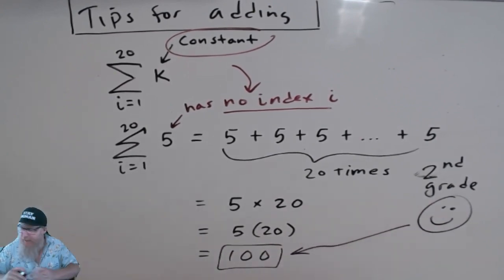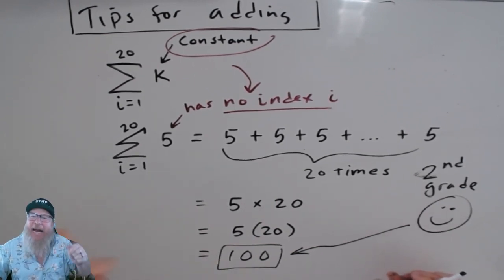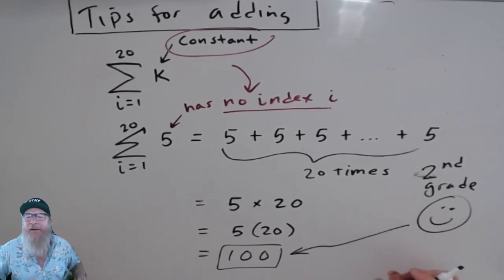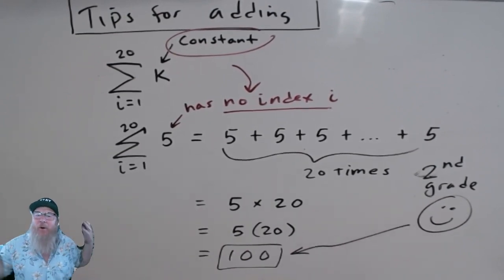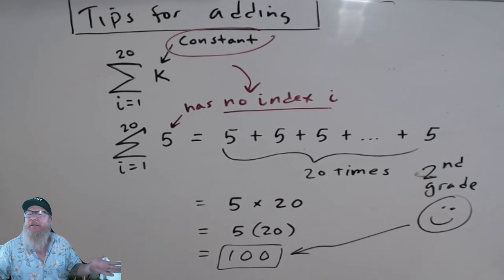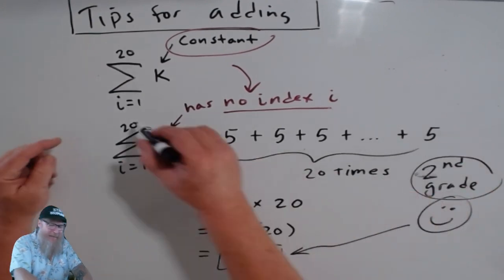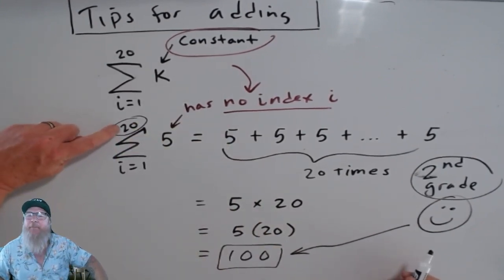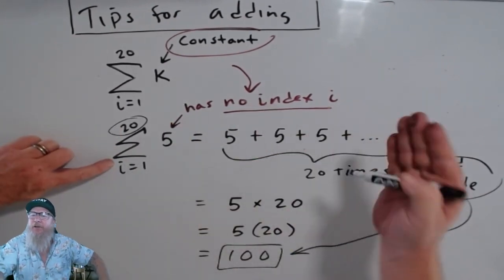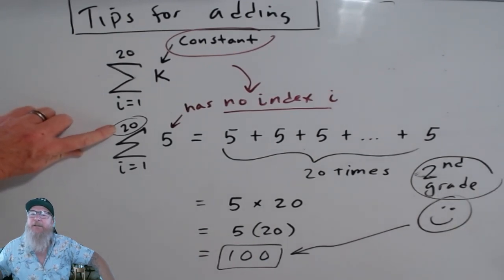So what does that tell us? That tells us if I have to add up the same constant over and over and over again, I don't actually have to add them, right? That's one of the oldest tips you learned as a child. You can just multiply by the n, the top of the sum. The index tells you as you're counting along, but then you stop when you get to the last index, which is the top, 20.